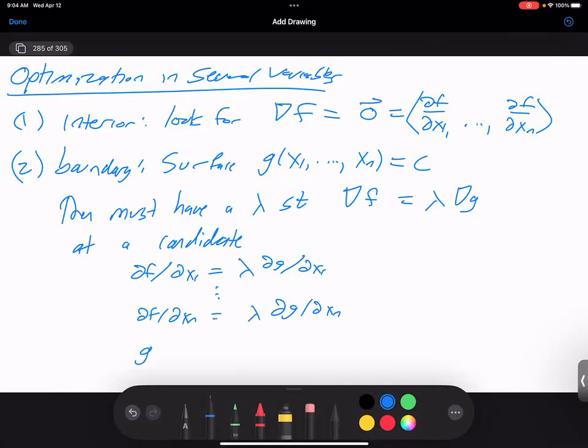And then we also have g of x1 through xn equals c. So we do have n plus 1 equations. We have n plus 1 variables. It's at least possible.